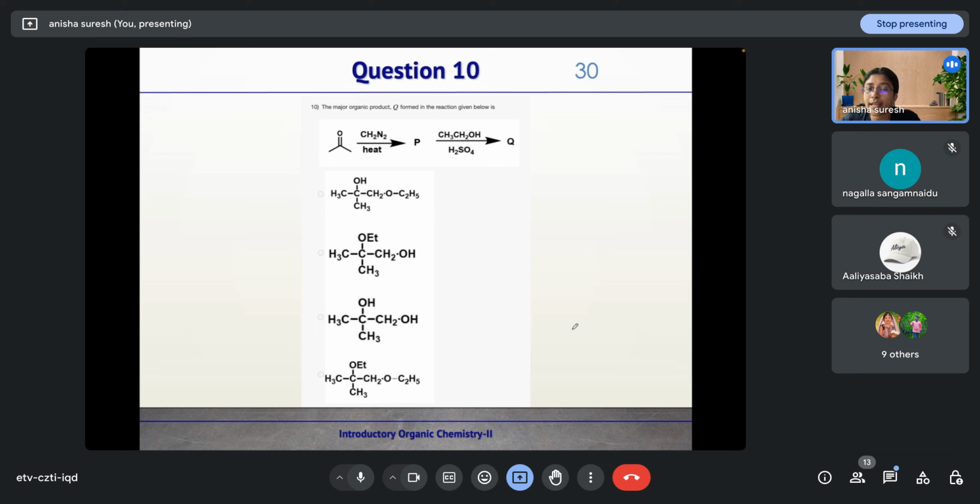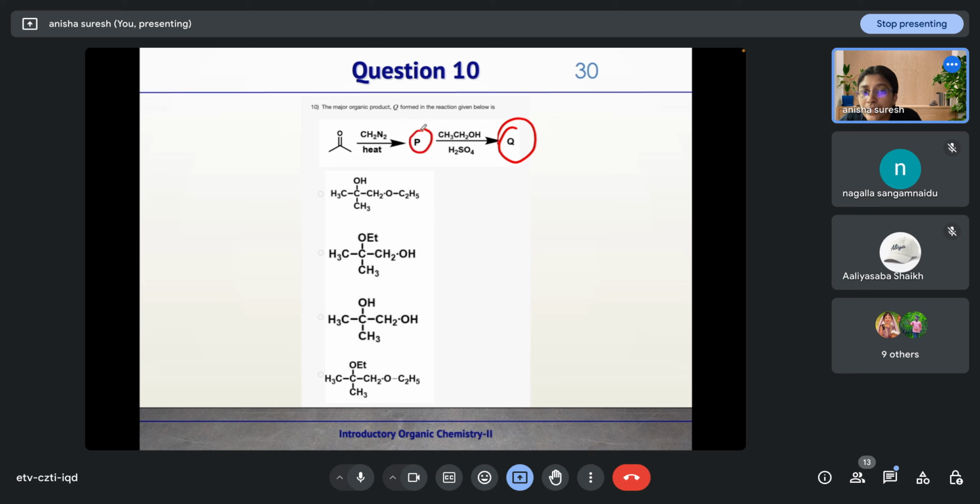Now coming to the next question. The major organic product Q formed in the reaction given below is. So what will be the major product that we will be getting here? They are asking only for Q. So this acetone is treated with diazomethane.